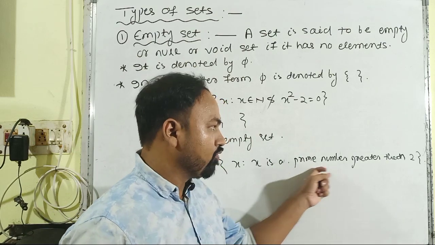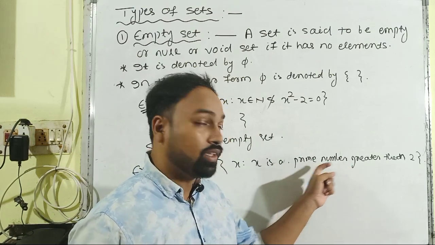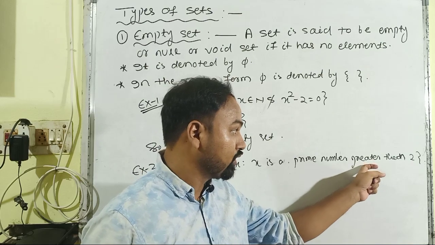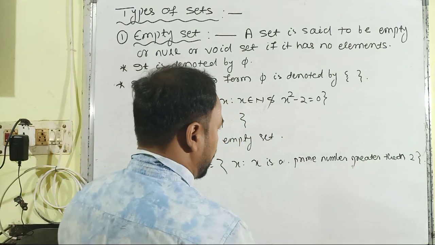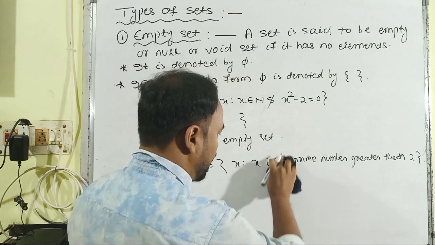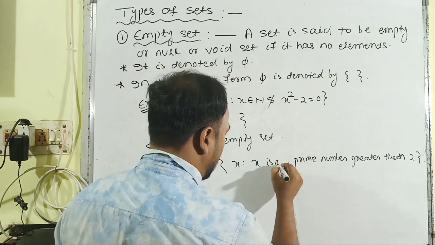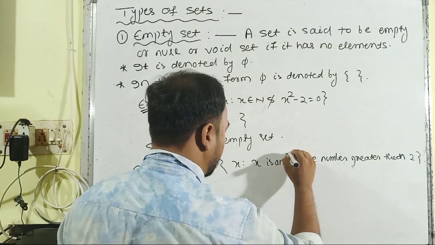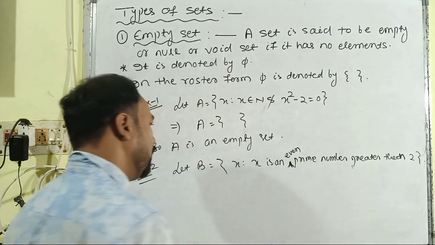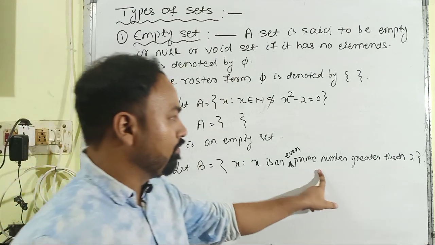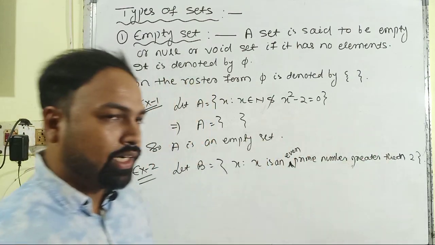One is that we have to find the prime numbers, and then we have to find the prime numbers greater than 2. And let us take here x is an even prime number. X is an even prime number and it must be greater than 2.